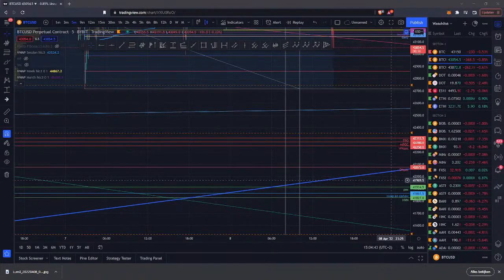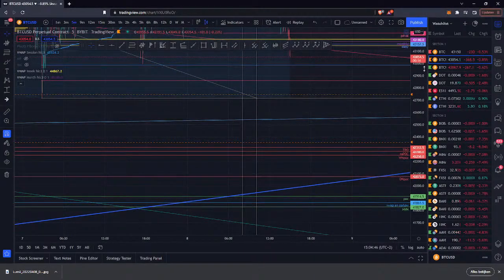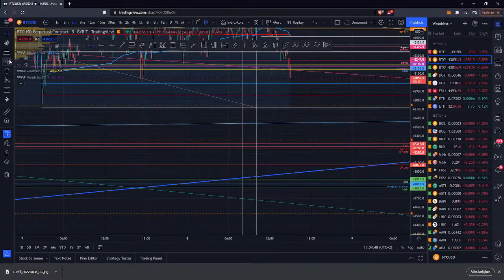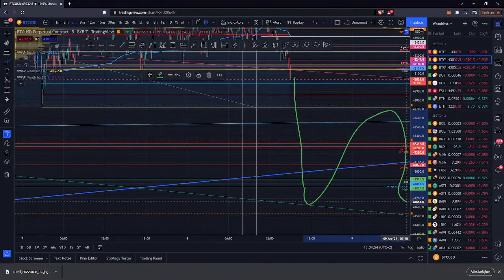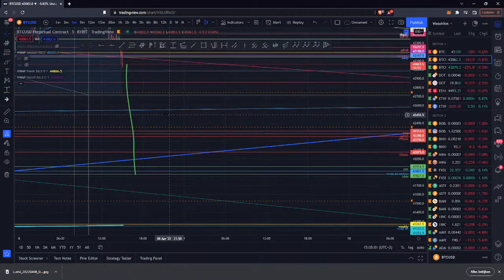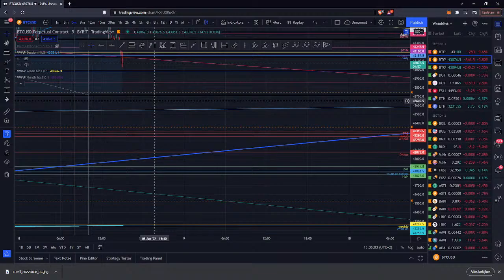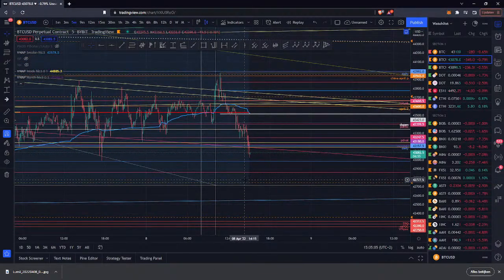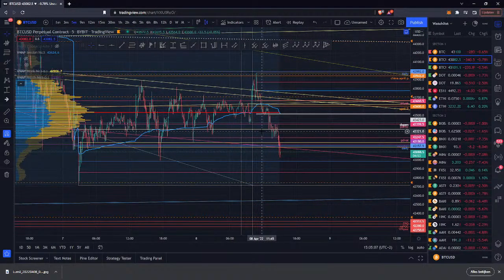We do know that we have this cluster right here, and let's say we get there today, then why not range here for the rest of the weekend before another move. Wouldn't be so surprising.